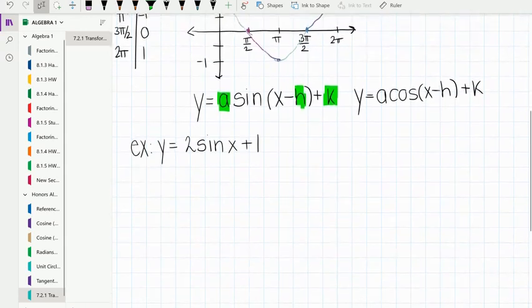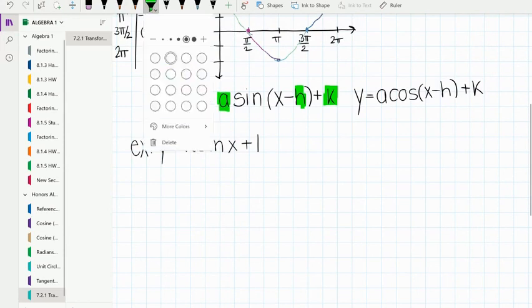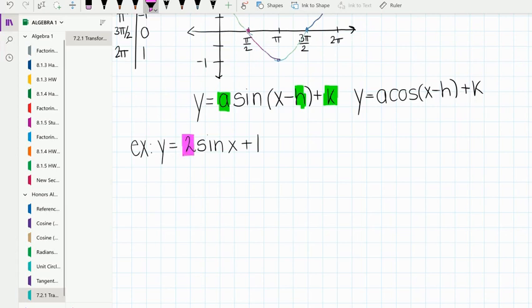Okay, so what we need to do is look at the different transformations that are occurring. We have this 2, which is going to be a vertical stretch of 2, or an amplitude of 2. And then we have this positive 1, which means it's going to go up 1, and that's actually going to be the midline.